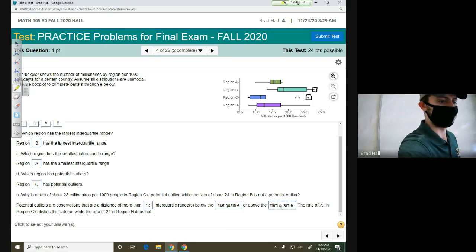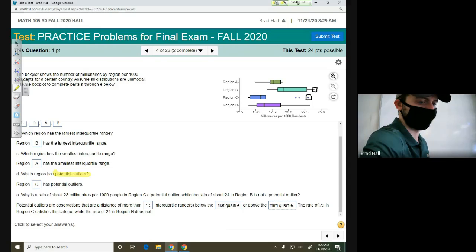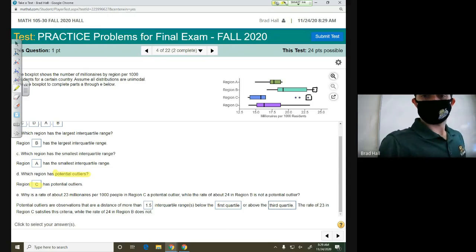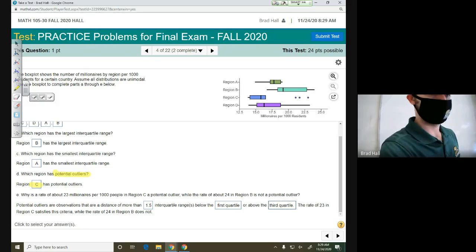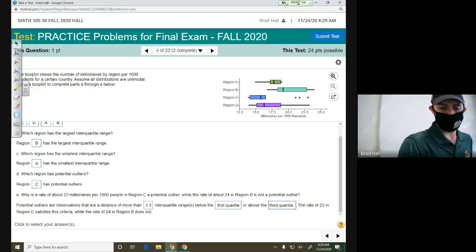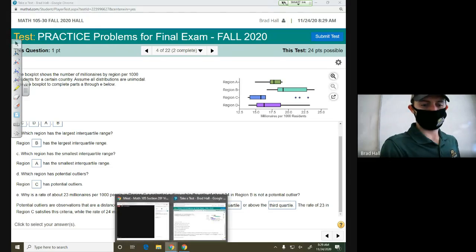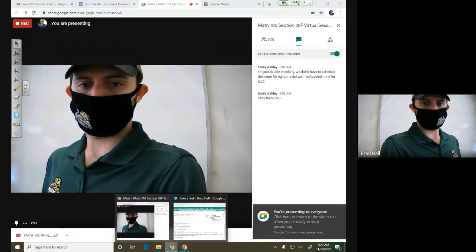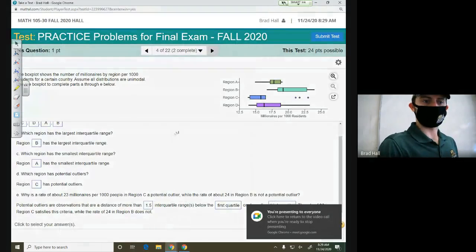So if you didn't do so already, the potential outlier is C and not D that I had earlier. Okay. Move on to problem 5.